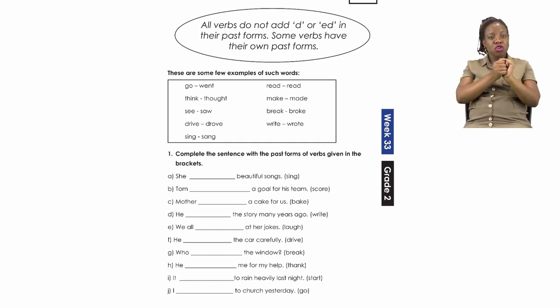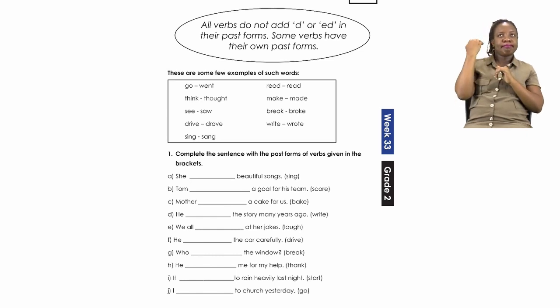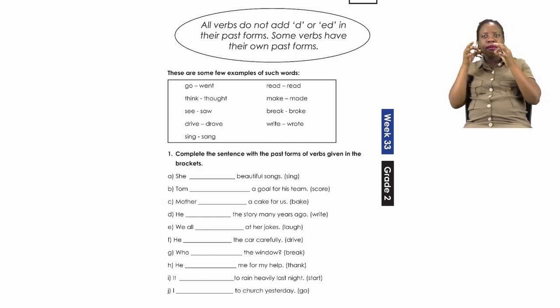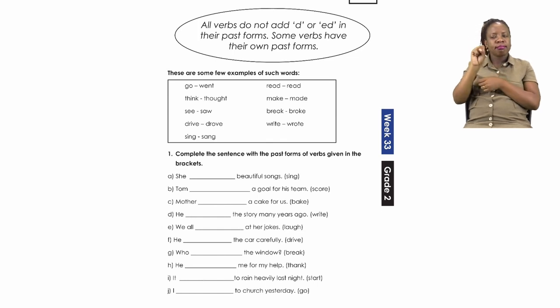Now let's read number 1. She, blank space, beautiful songs. Now there you see the word sing in brackets, and that means you have to change the word sing to its past tense.